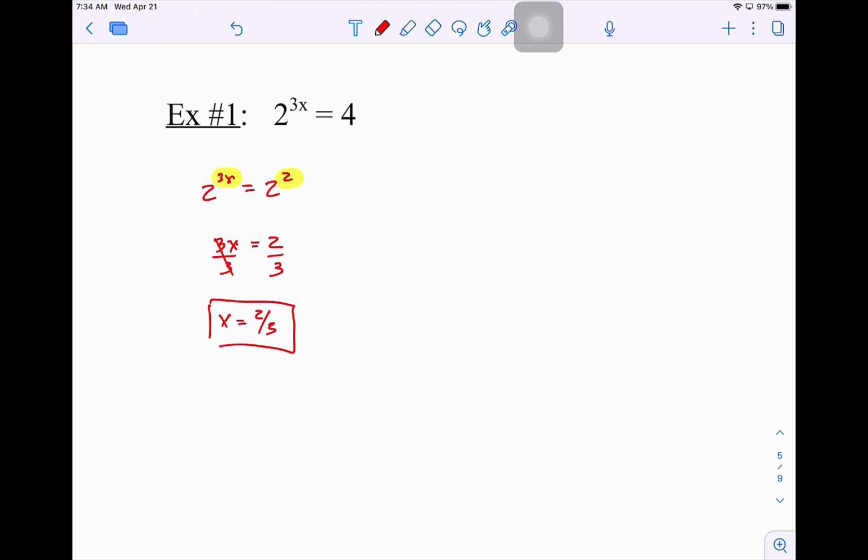Option number 2 is, we could rewrite this problem using the definition of a logarithm. If you remember, earlier last week we went back and forth between logarithmic form and exponential form. So I could rewrite this as the log base what?